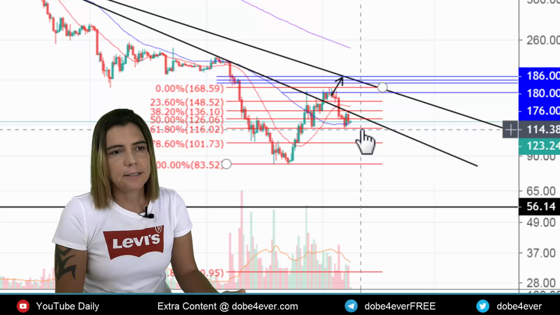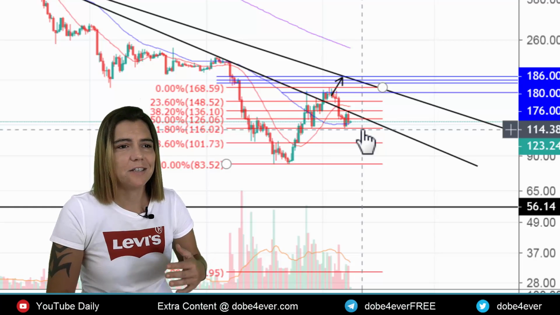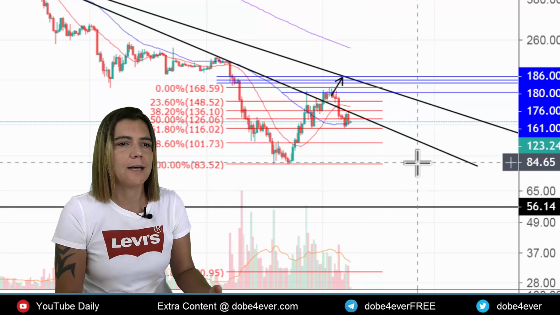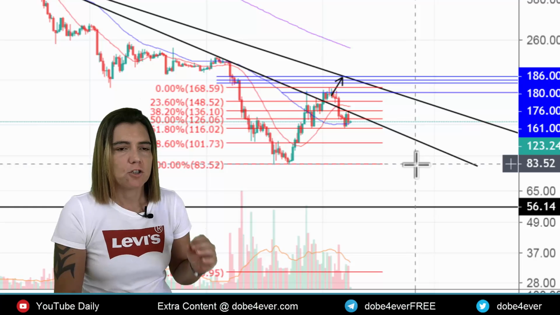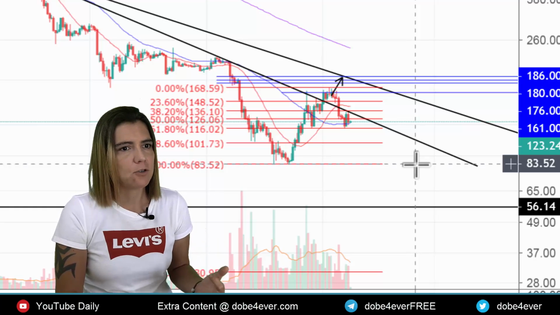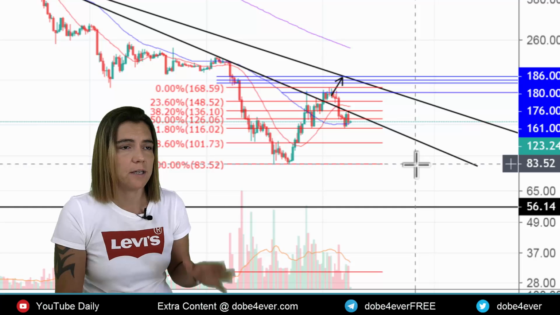The least probable scenario, at least for me, as I read the charts, is that we break previous lows and we capitulate. That's what I give the smallest probability, but of course the probability is there.